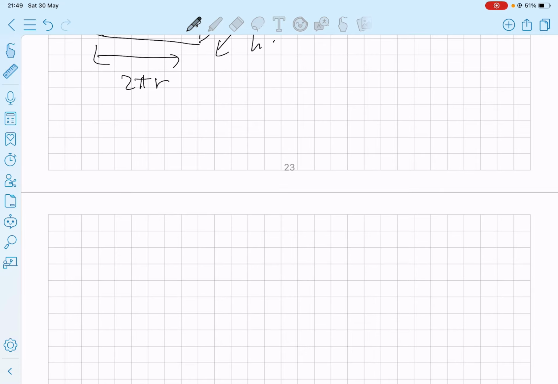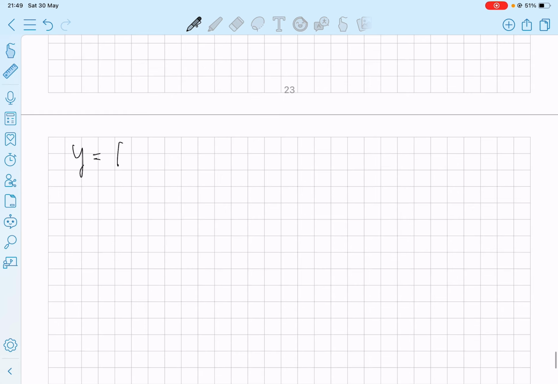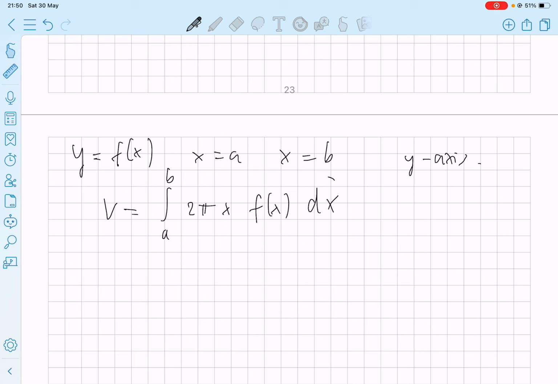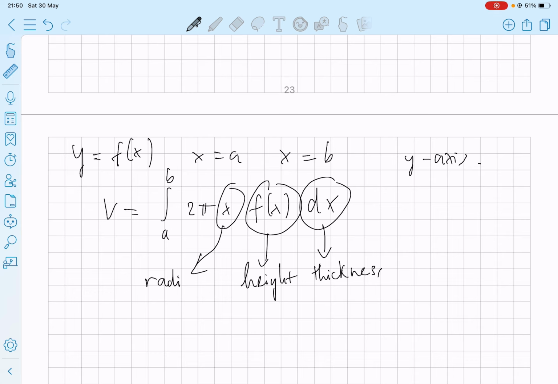If the region under the curve y equals f of x from x equals a to x equals b is rotated about the y-axis, the volume of the solid formed is V equals the integral from a to b of 2 pi x f of x dx. Here dx is the thickness, f of x is the height, and x is the radius.